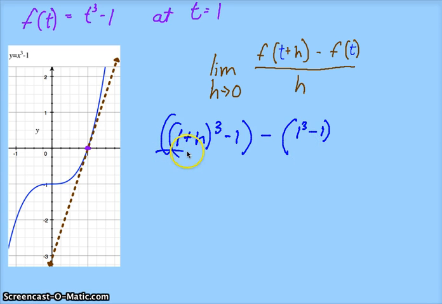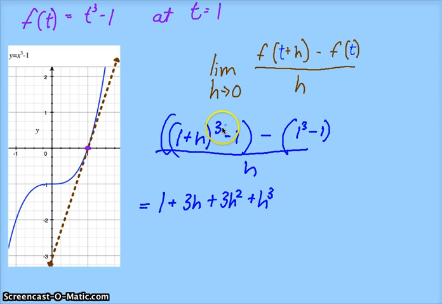Okay, divide by h. And I know what this is going to be, and hopefully you know what that's going to be, using the binomial theorem. All right, and this time I'm not going to forget my minus 1 here. Minus 0, so that's that.